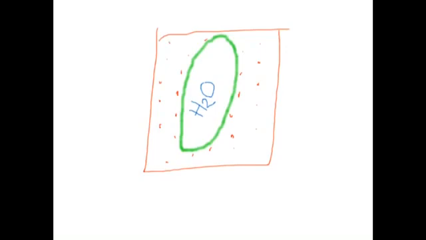The water can flow in or out of the pickle or the cucumber, but the salt can't. So there's going to be a net flow out of the pickle, and then it'll shrivel into a pickle instead of being a cucumber anymore, because the salt particles are blocking water that's trying to flow in.